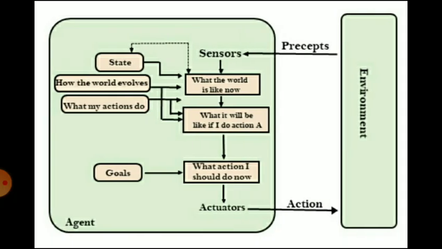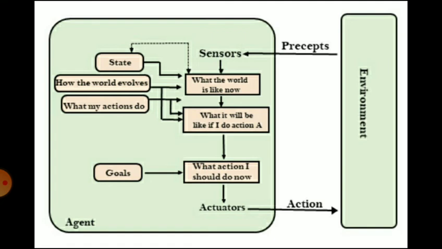So you can see the block diagram. Here it is the environment, there is a perception, action, sensors and actuators. Then what the world is like now, that is the current situation, and it is connected with the model, that is the state, which means past history.